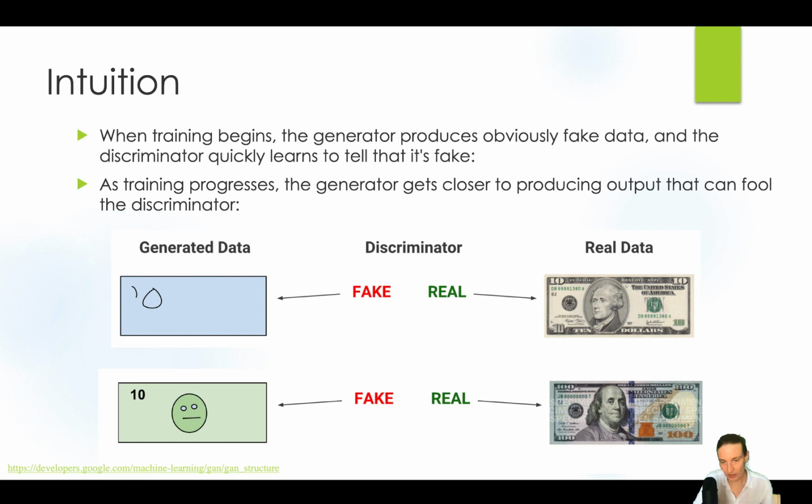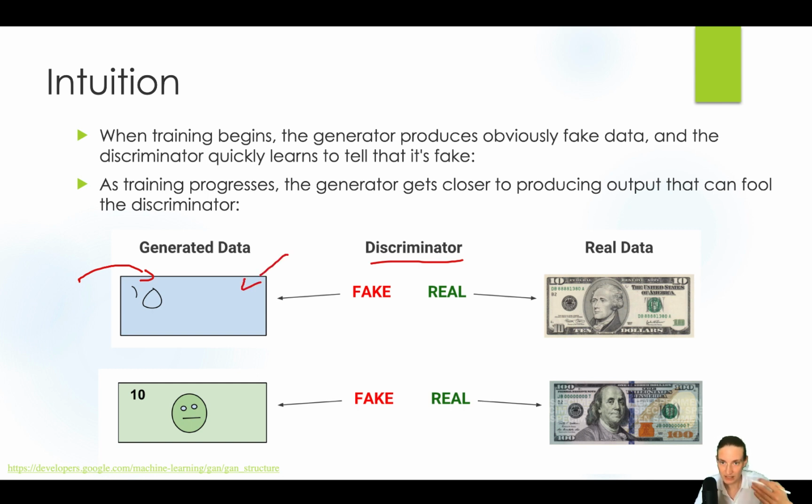Right, so when our training begins, we feed the generator first noise. So the first function won't be very meaningful. It will transform the noise into something very random, which will obviously be fake. So the discriminator won't have any problem to classify this real $10 bill from a fake generated non-resemblant $10 bill.